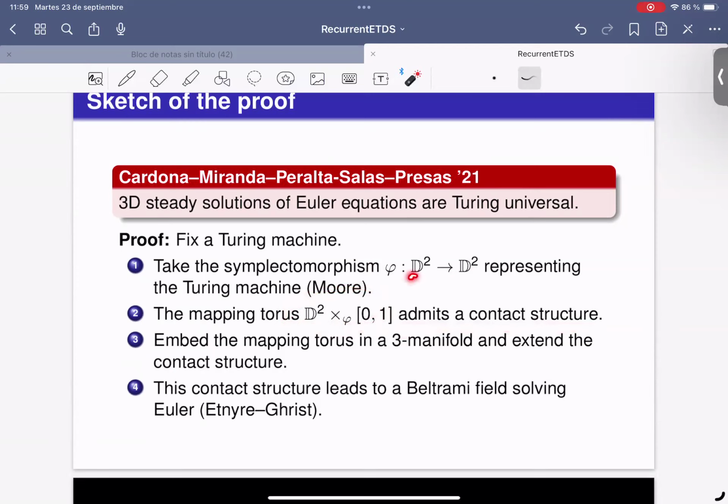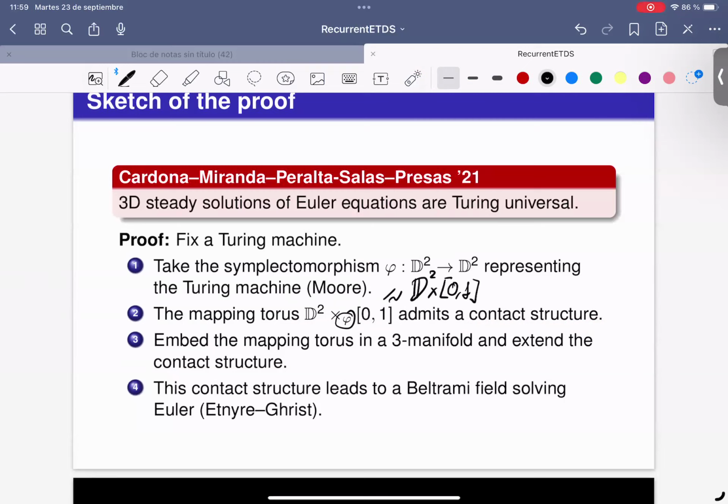Because this map is a symplectomorphism, and if you are familiar with contact structures, they are like suspensions of symplectic structures. So it's very natural that it admits a contact structure. Now observe that this mapping torus is not very crazy, because phi is the identity at the boundary. And since it's the identity at the boundary, it is null homotopic.